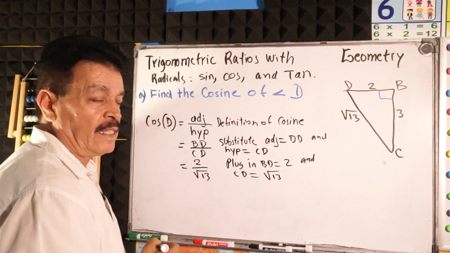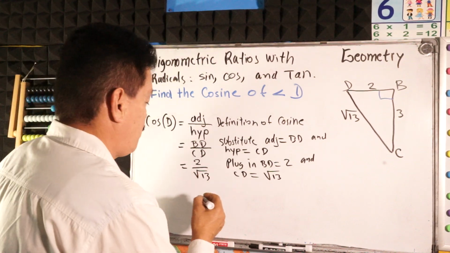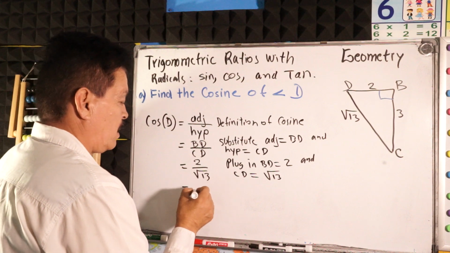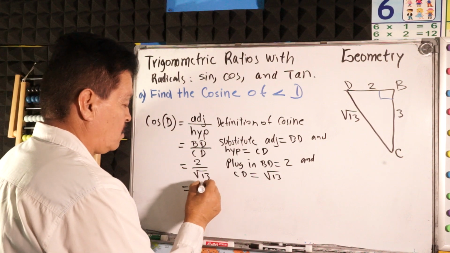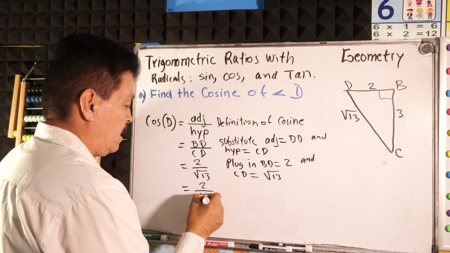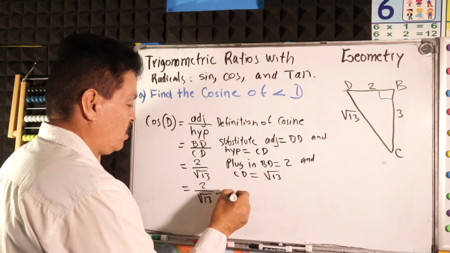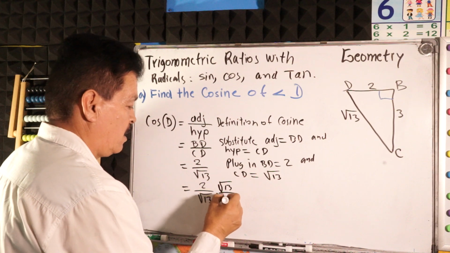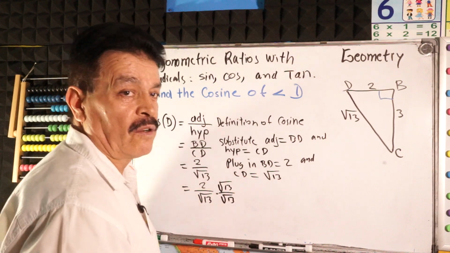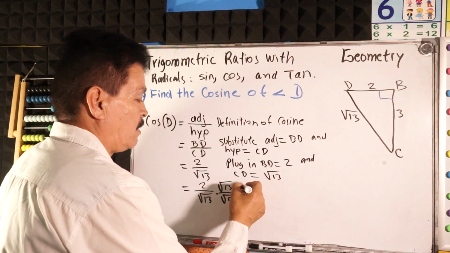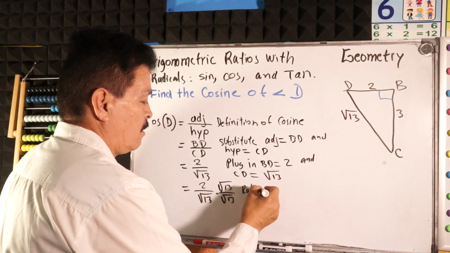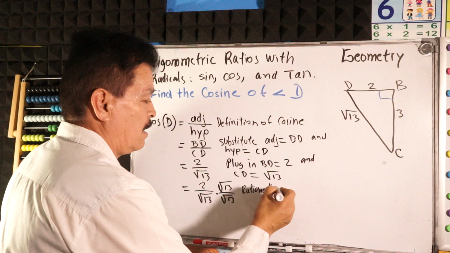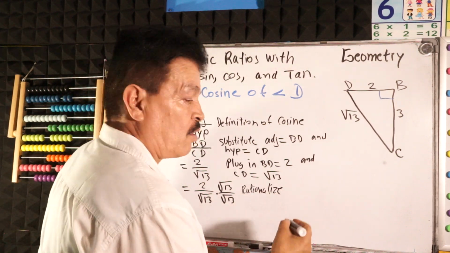After this we have to rationalize these numbers. We have to multiply here by the square root of 13, right? So this step is called rationalize the denominator.